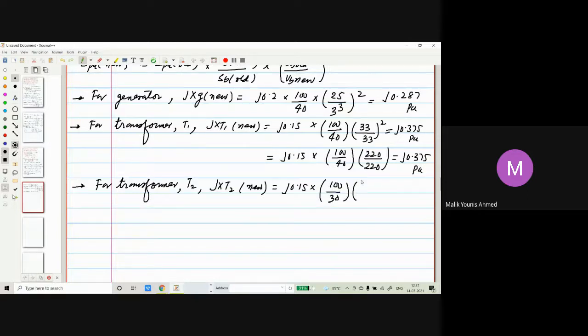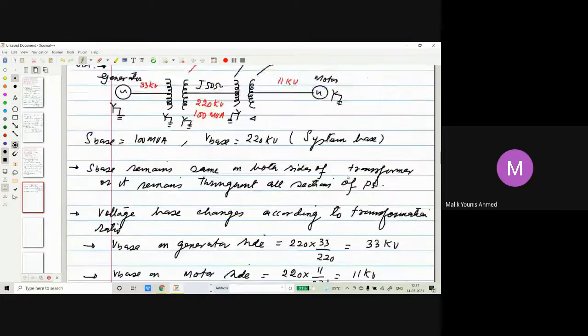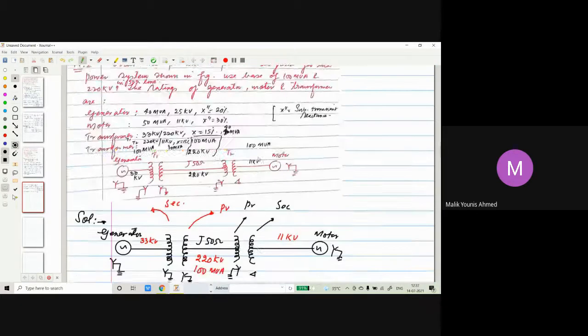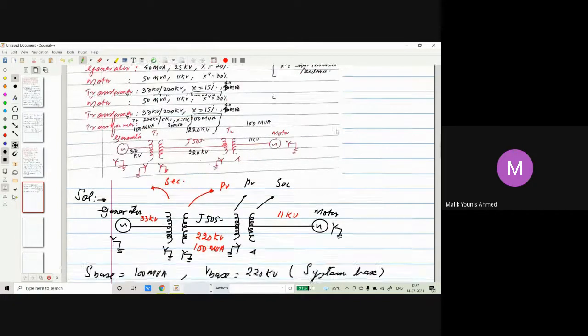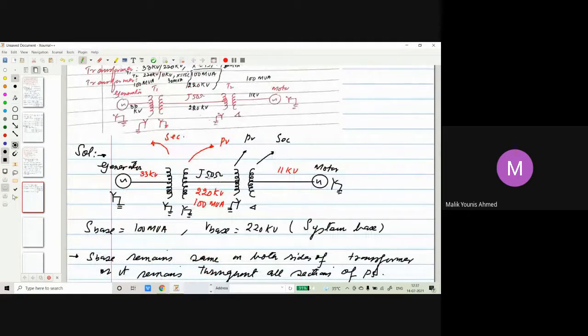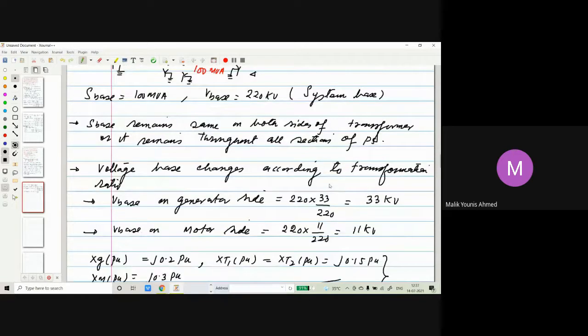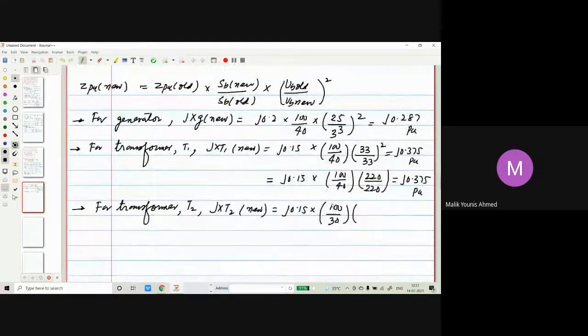Multiplied by V base old. If we are talking about transformer T2, you can go on this side. On this side, the transformation ratio is 220 by 11. So on the 220 side, the base value is 220, and on the 11 side, the base value is also 11. So we can use both values: 220 divided by 220 whole square.